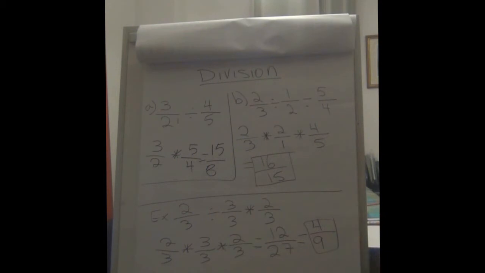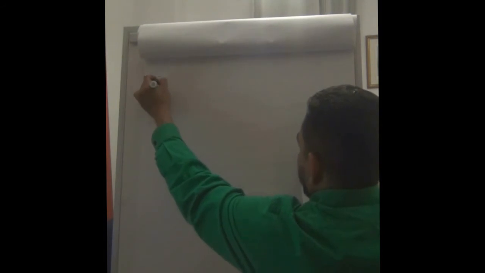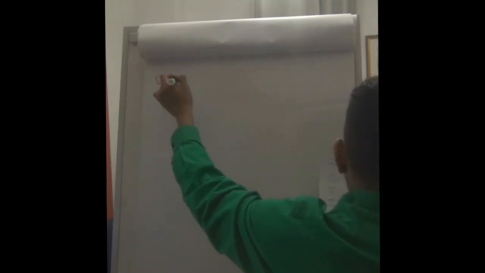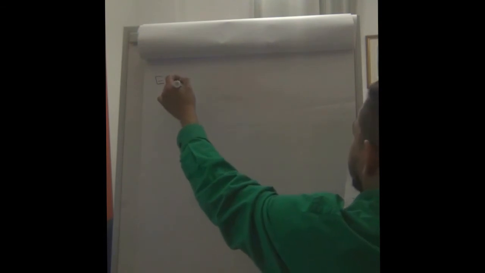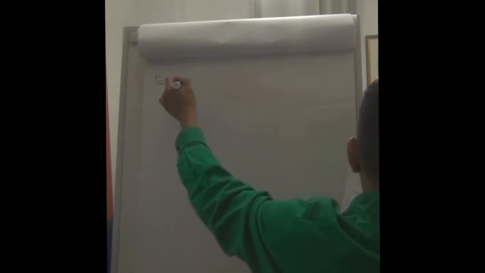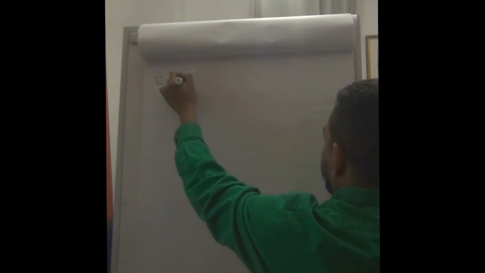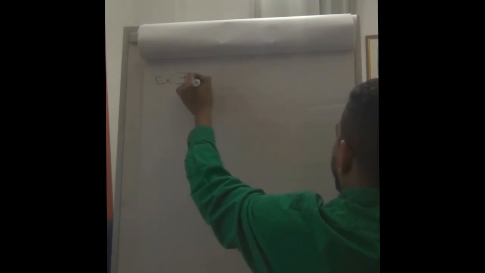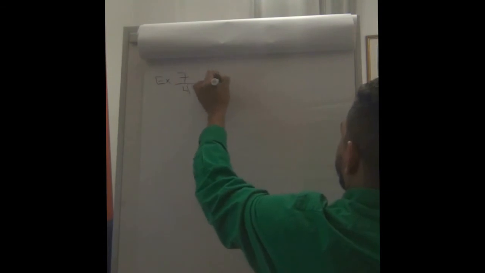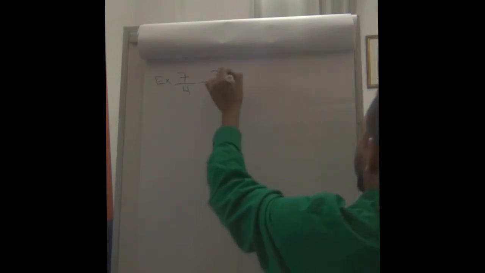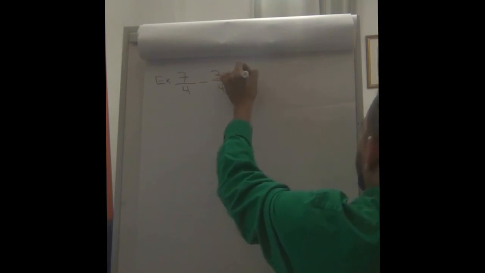Let's do one more problem. Okay. So we're still on division. Remember, we're dividing and multiplying fractions. So let's see now. I have another example, and I have 7 over 4 divided by 3 over 4 divided by 2 over 4.